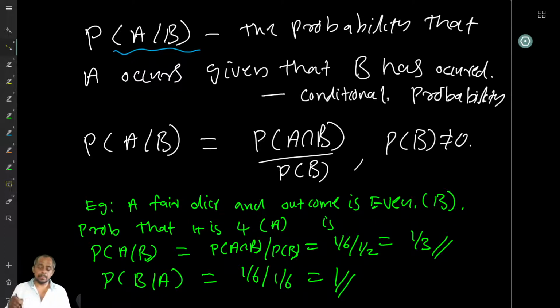If 4 has occurred, then of course the outcome must be an even number, so we should get the probability 1, and we are getting it because probability of A intersection B is 1/6, and the probability of A is 1/6 again. The probability of B given A is 1/6 by 1/6, which is 1.